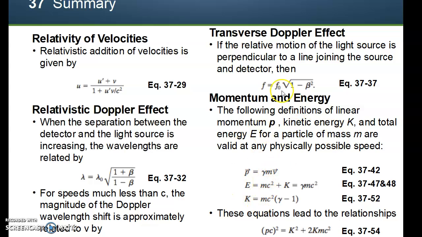So there's quite a few equations in this chapter. Most of them rely upon this square root of 1 minus beta squared, or 1 plus beta over 1 minus beta, the square root of that, or some variation on that. So that's what you have for this chapter.